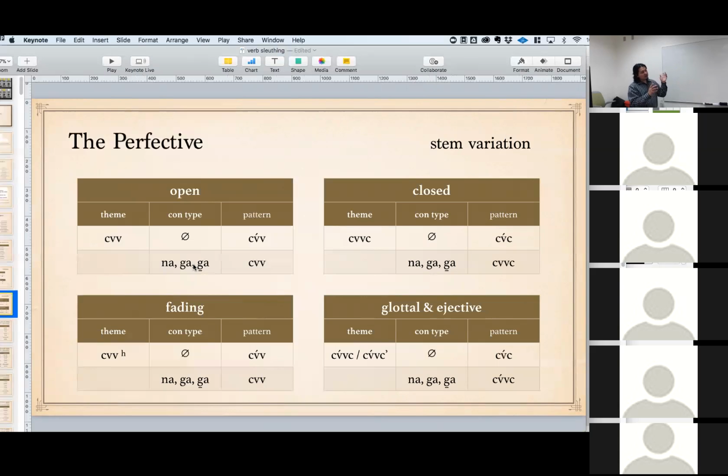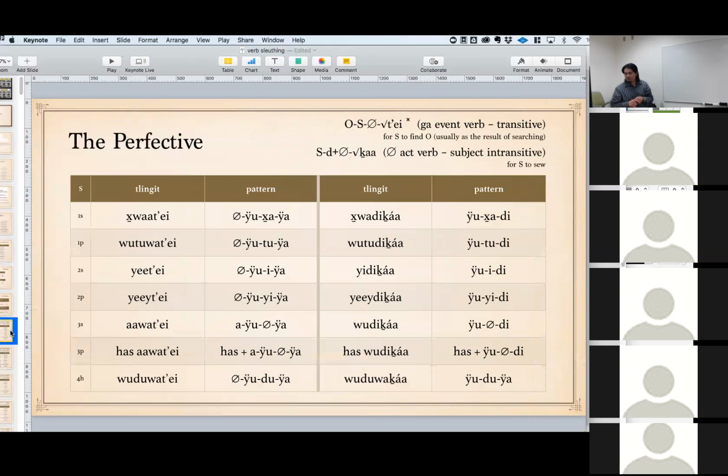But from the perfective, you can tell whether it's zero or not. Right? And this is a theme. You've got zero and everything else. And you'll see that theme in a few different things. For the closed verbs, the zeros will be short and high. Otherwise, they'll be long and low, except for the glottal and ejective, because there's no low version. Again, it's a lot to absorb, but once we start looking through examples, it starts to get put together in your brain.